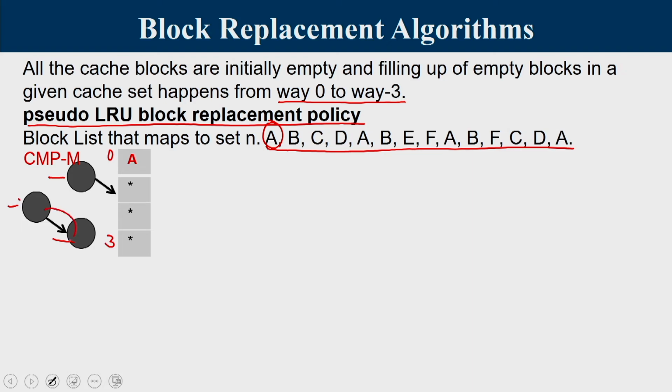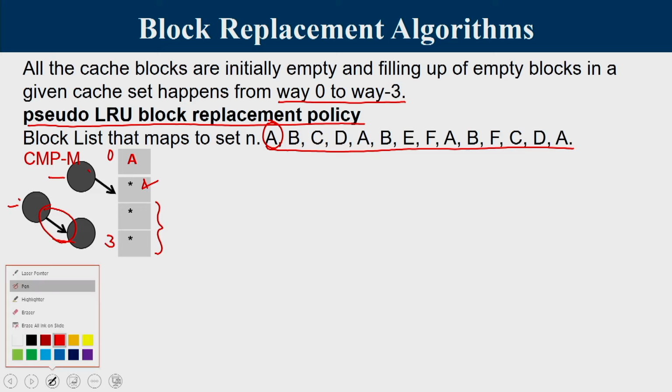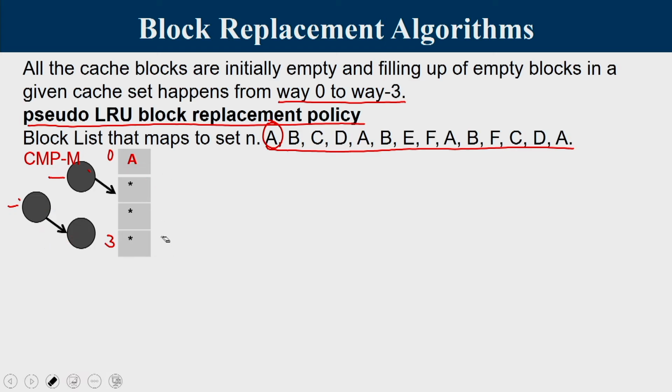This indicates that the lower side of these 2 is the least recently used, and out of these 2, this one is the least recently used. So, after accessing A, the pseudo LRU tree looks like this, and it is a compulsory miss because A is accessed for the very first time.